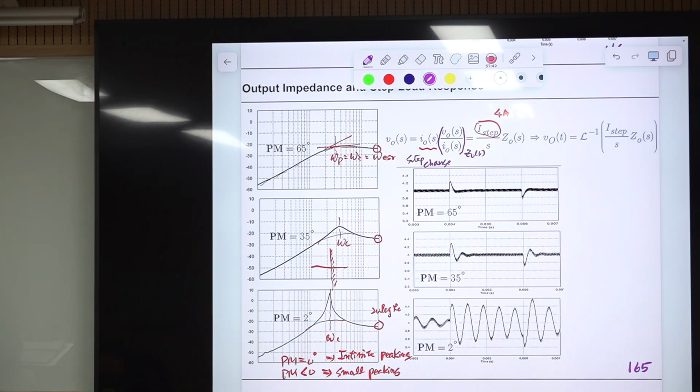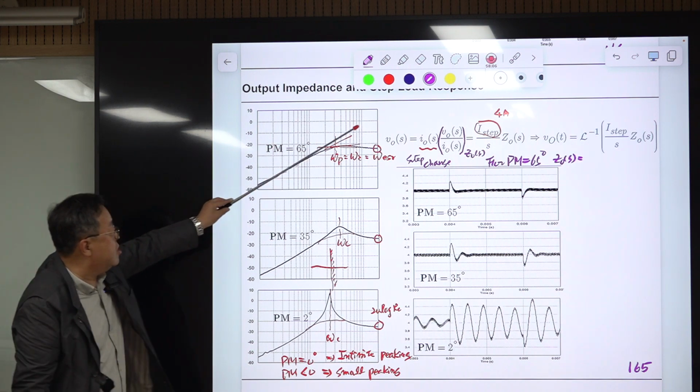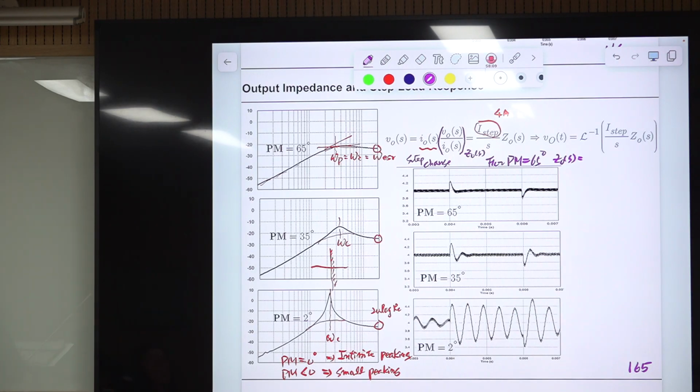Right? So for this case, we know this. For the loop gain with the 65-degree case, which is the best possible case, the output impedance expression is this one. So you have this differentiation, S divided by omega m, and you have one pole, 1 plus S divided by omega p.